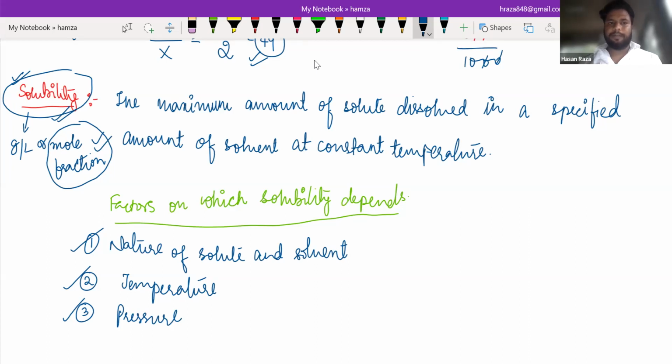Please write it. Hamza, do you have any doubt in this solubility? Do you have any doubt? No. Okay, please write it and let me know if you are finished with this. Okay, sir.